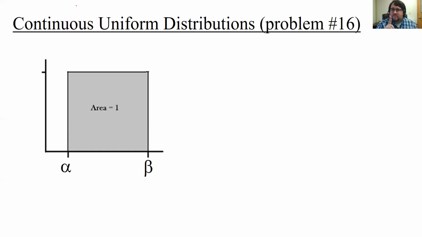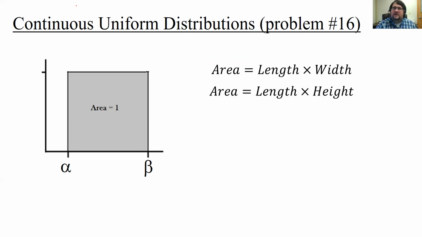Well, what we need to know is how tall. One of the very first things you're going to have to figure out is how tall is this block? And the way you're going to figure it out is you're going to say, okay, this is a rectangle. The way you calculate the area of a rectangle is length times width, or in this case, length times height, right? What's that height have to be? Well, to figure out the length, we're going to subtract our lowest value from our highest value.